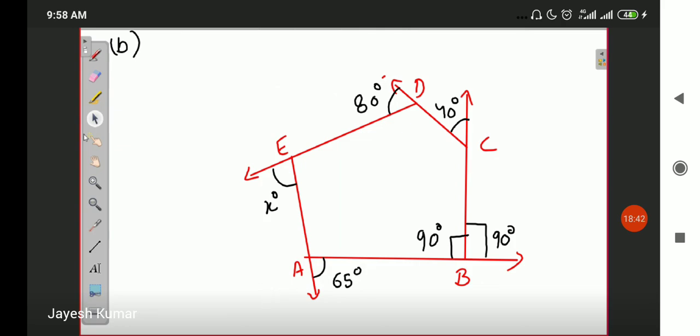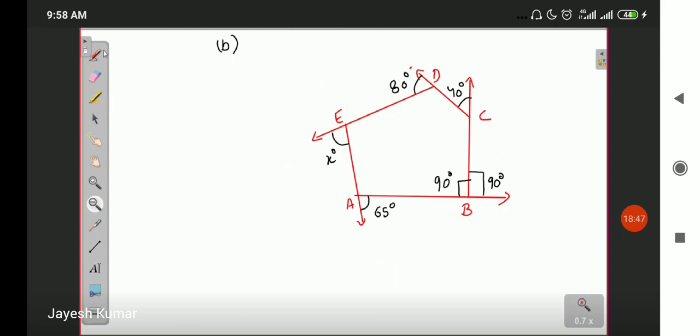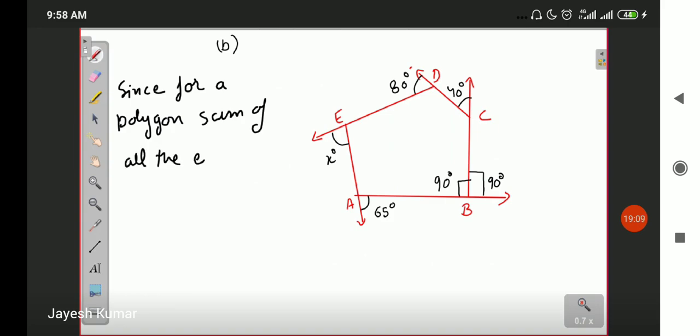Okay, so this time also we need to do the same type of procedure. We will say that since the sum of all the exterior angles of a polygon is 360 degrees, that means the sum of all these angles should be equal to 360 degrees.